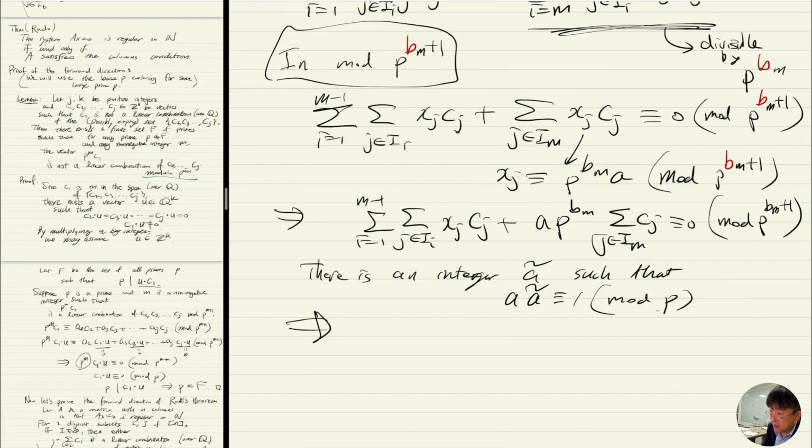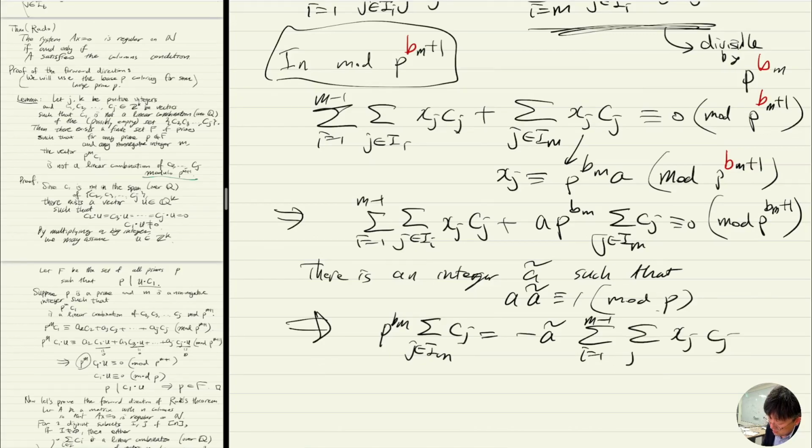So let's multiply that. Then p to the bm times the sum of cj is equal to minus a tilde times the sum of xj cj, modulo p to the bm plus 1.